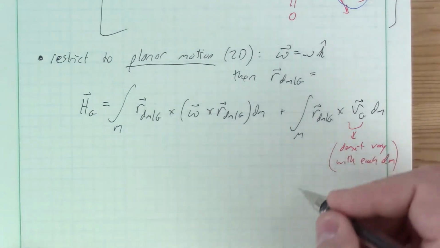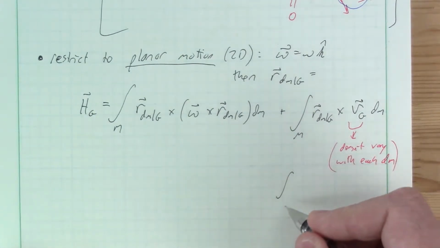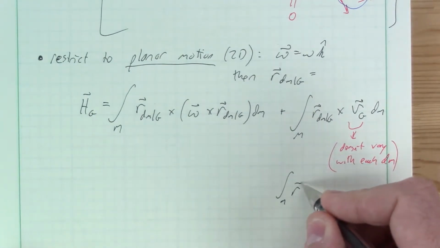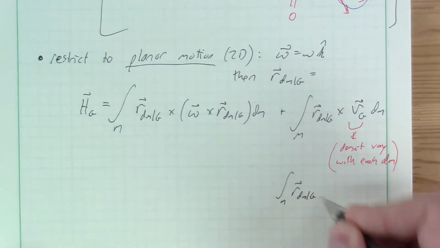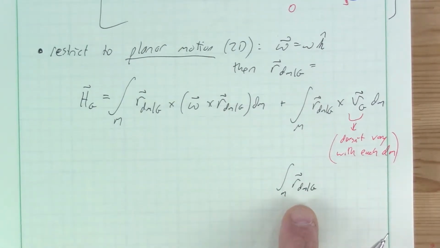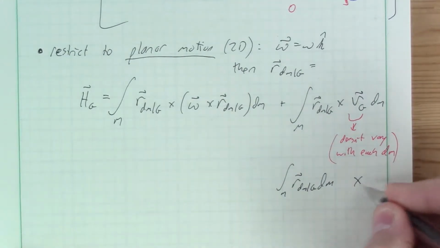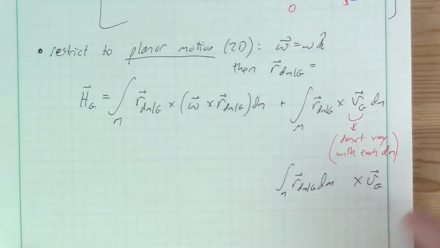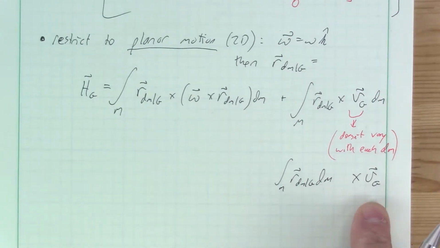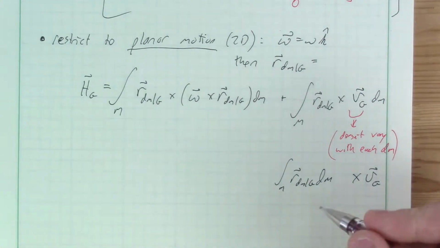So we can think of this whole term as an integral of r dmg. That's the relative position of each little mass dm with respect to the center of mass. Integrate that over the entire body, and then cross that with that constant vg, because that velocity of g is going to be the same for all of our mass elements. This term is what gives us 0.